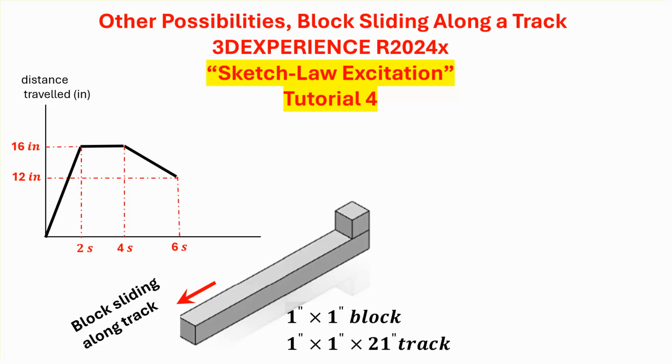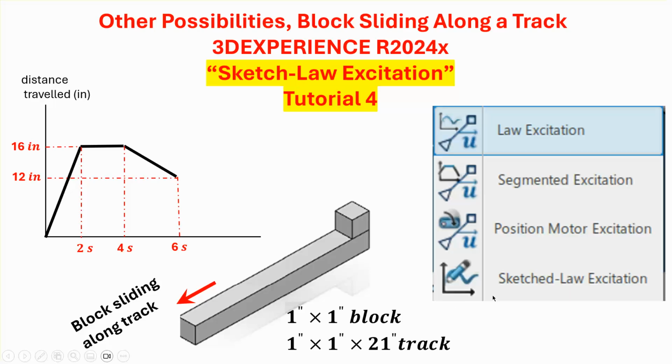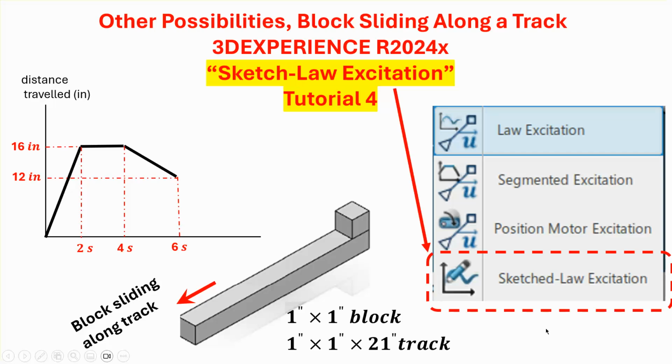Now, this can be done with the segmented excitation approach that I did in tutorial 3, but I want to do it a different way. I want to use this sketch law excitation, where you basically give this curve, a sketch, to 3D Experience, and then ask it to follow that prescription.